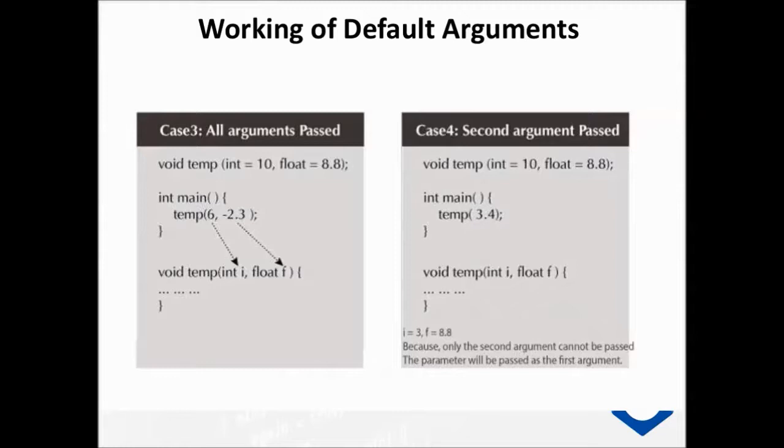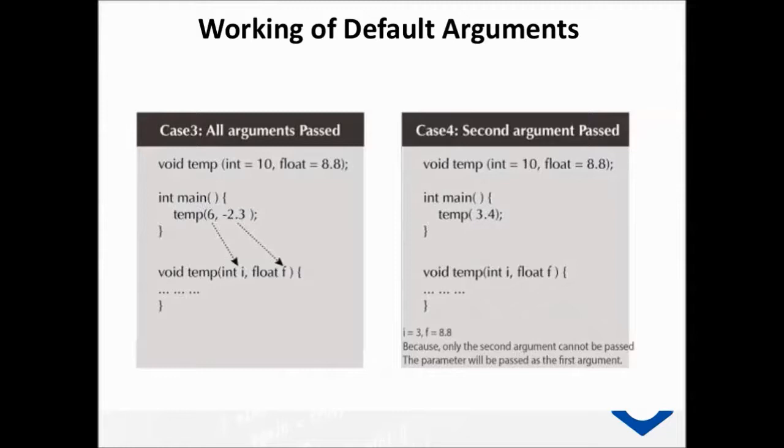In case 4, we write the function call temp of 3.4. So when temp 3.4 is called, the function behaves in an undesired way because the second argument cannot be passed without passing the first argument. This value 3.4 goes to the variable i.